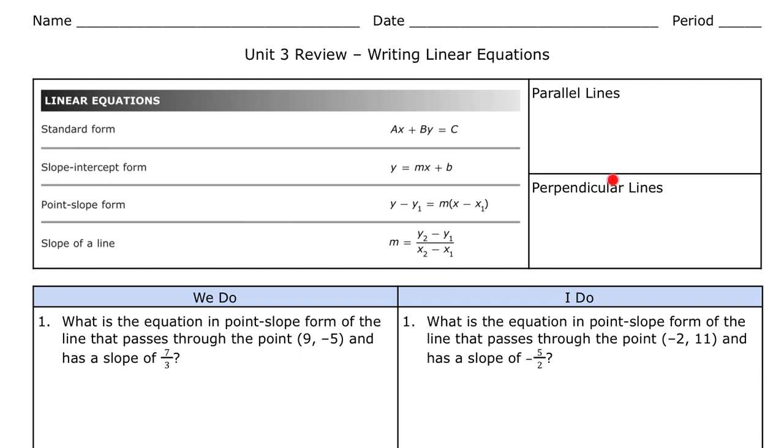Parallel and perpendicular lines, these are definitions that are not going to be given to you, so you just need to know them. Remember that parallel lines are special because they have the same slope. They are lines that never touch, so they have to have the same slope. For perpendicular lines, they do cross at a right angle, so they have different slopes, specifically opposite and reciprocal.